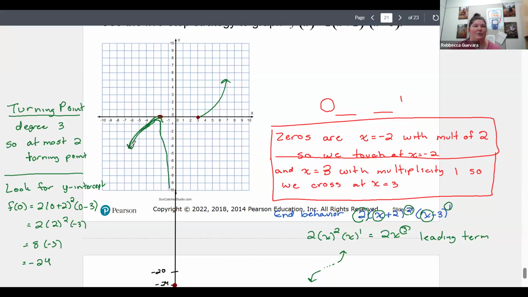And then I know I have to cross at this point down here. So I'm actually going to redo this part just to make it a little smoother. Come up, touch, do the best you can, turn back. And then we know we cross through here.